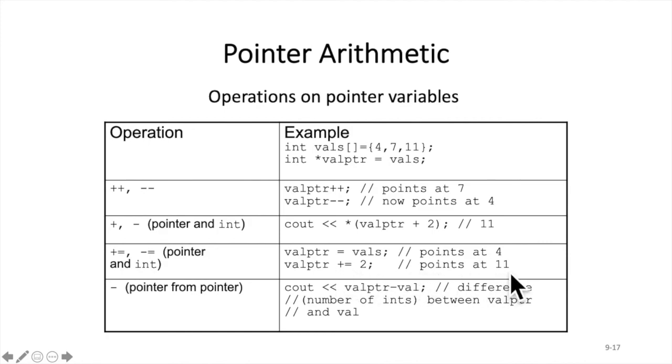So it actually points to 11. And then we have this one, the difference, valsPtr minus vals. This is the difference between valsPtr and vals.